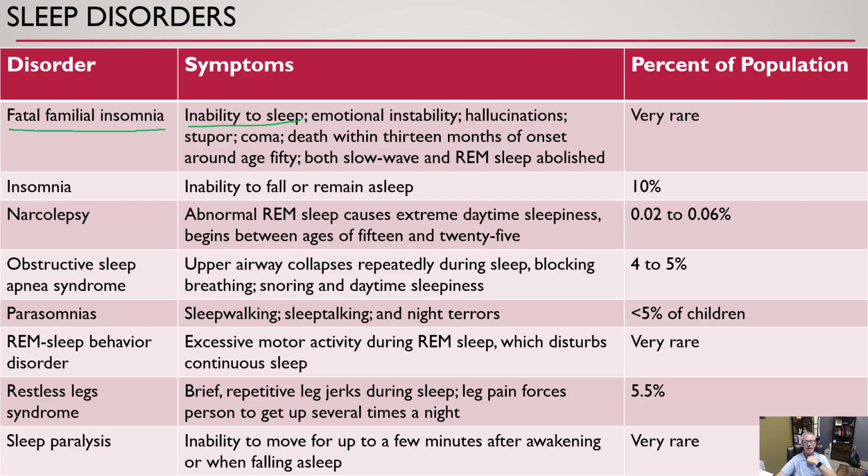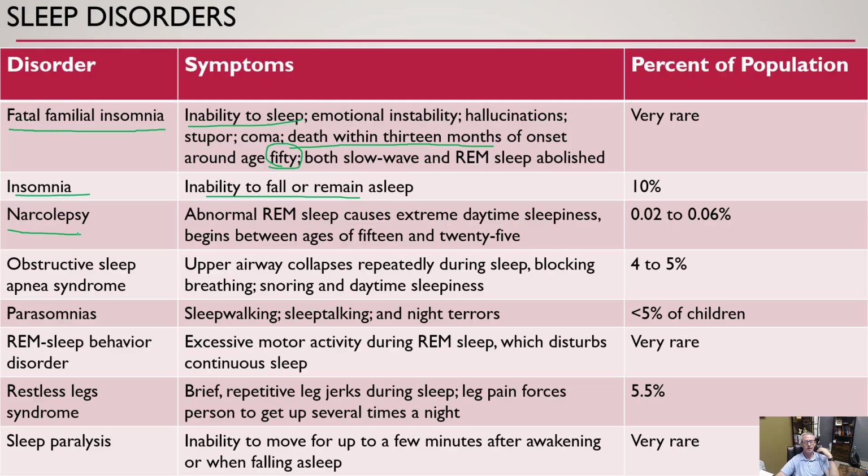You don't necessarily have an injury to that reticular activating system, but there's something wrong with the reticular activating system. And once diagnosed, death occurs within about 13 months of onset, usually around the age of 50. We all know insomnia, inability to fall asleep or remain asleep.